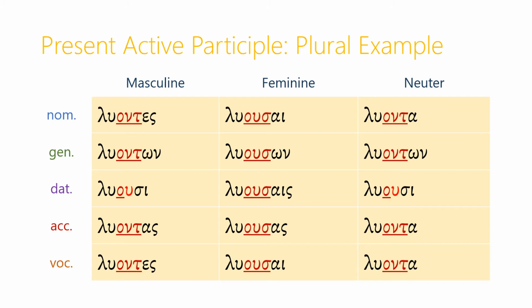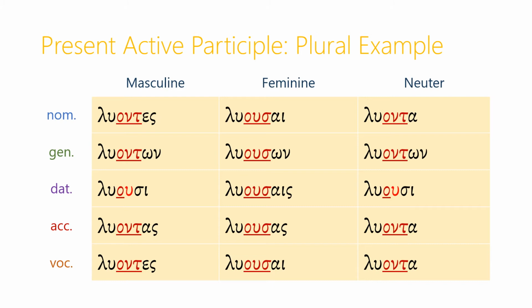But that's difficult to pronounce. So the tau drops out, which would leave us with onsi, and that very quickly seems to have been corrupted to usi.